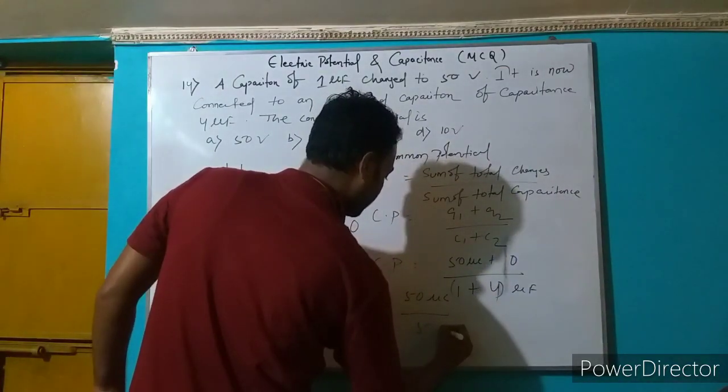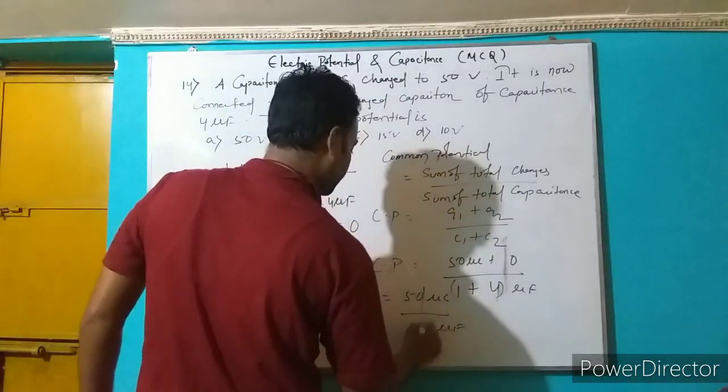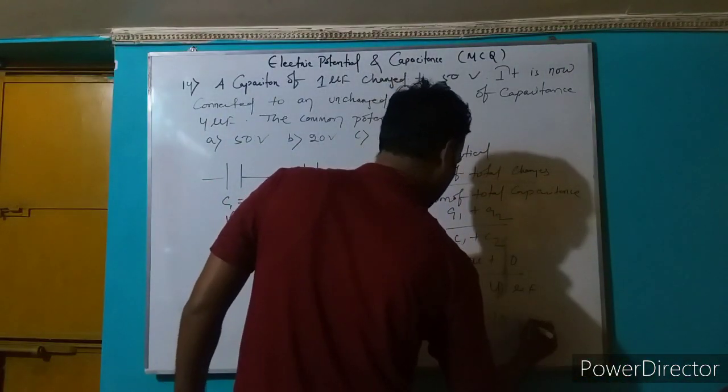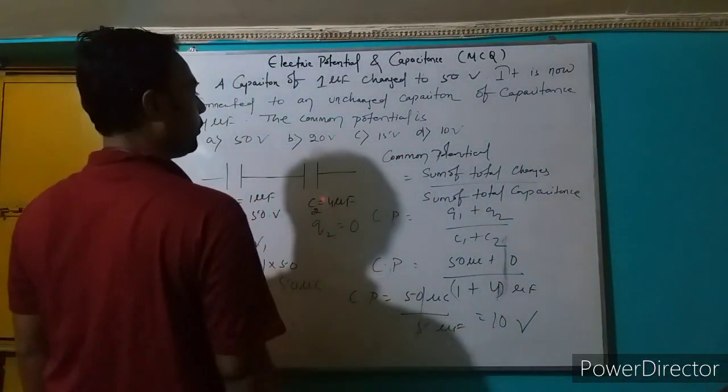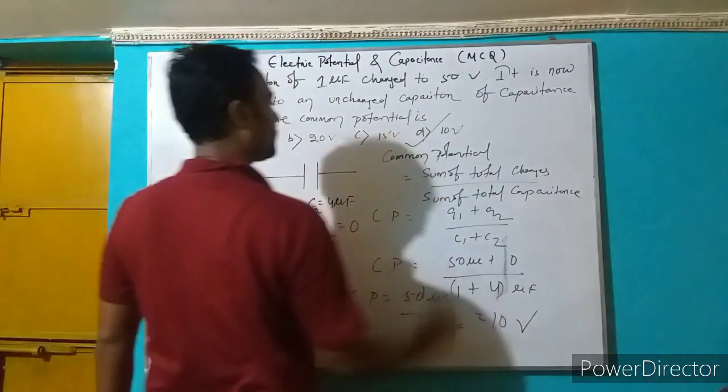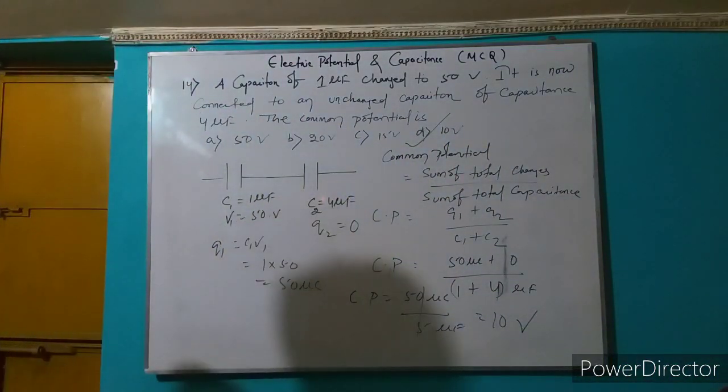Five tens are 50, so that is 10 volts. Option D is the correct answer, the common potential is 10 volts.